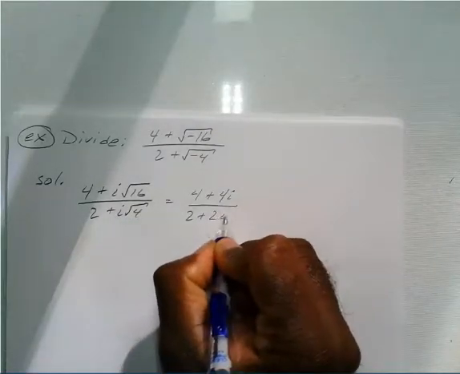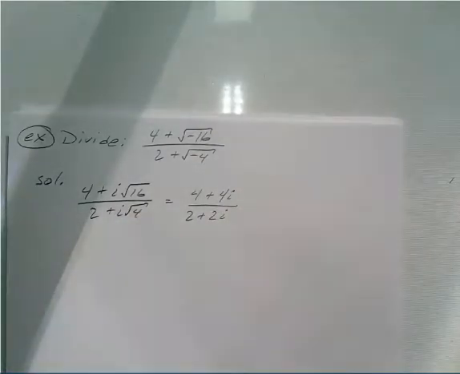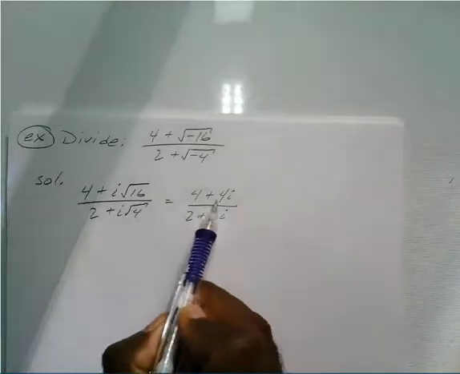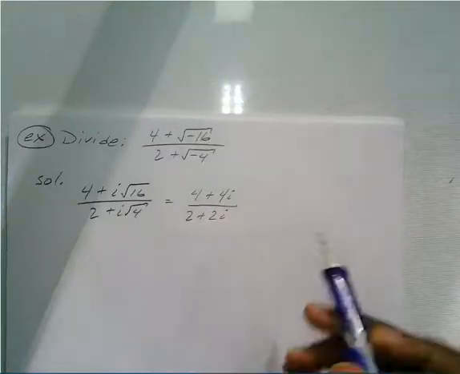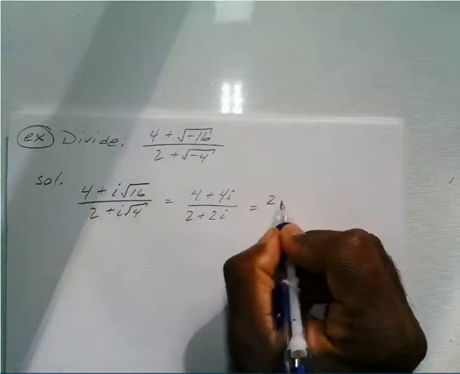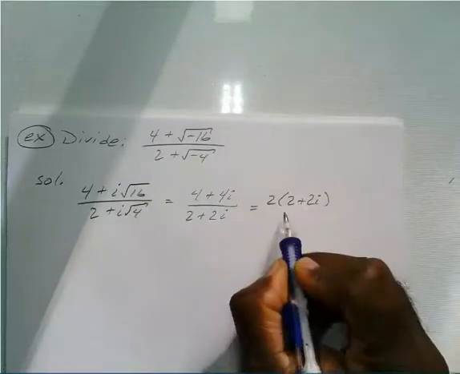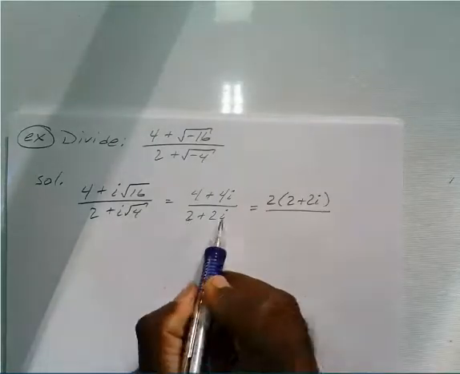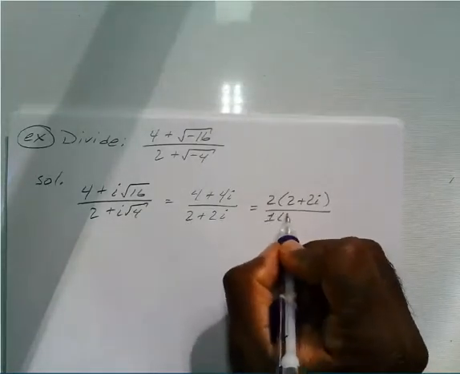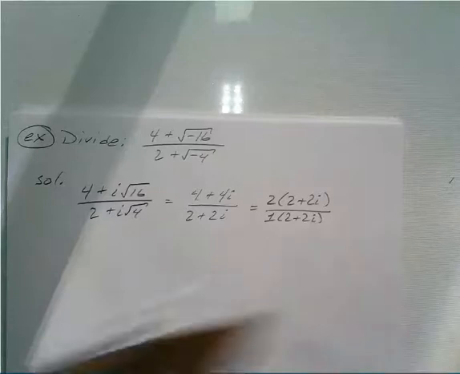So that'll be 2i. Okay, now before we multiply by the complex conjugate of the denominator, notice we can factor a 2 out of both of those. So we have 2 times 2 plus 2i over, and you have 2 plus 2i down here, you can make that 1 times 2 plus 2i if you like.